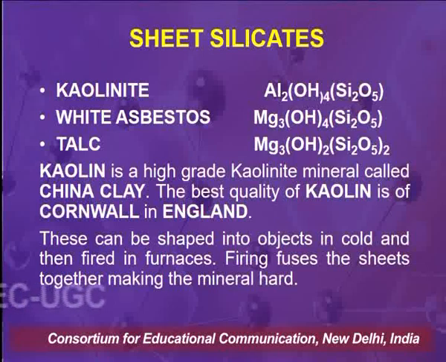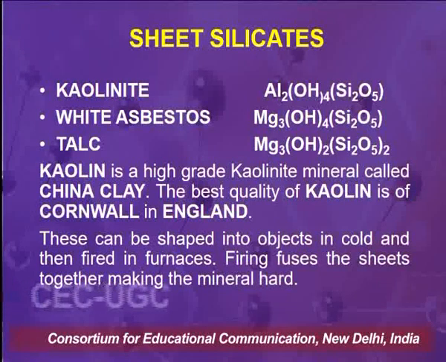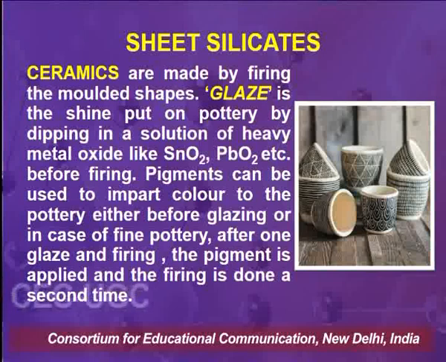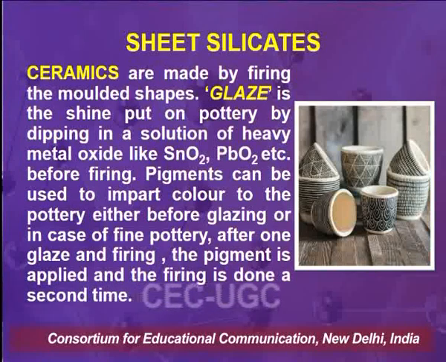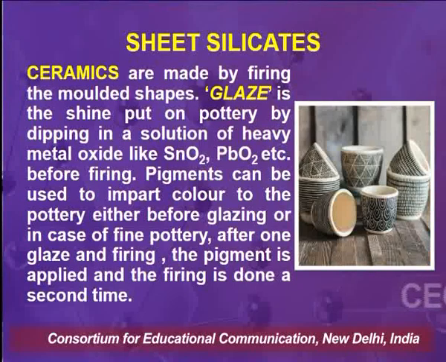That means the China clay we talk about, or the kaolin material with the help of which various ceramics are made, are actually sheet silicates or kaolin. Ceramics are made by firing the molded shapes. Firing means subjecting the molded shapes to fire so that the sheets get fused and harden the material.